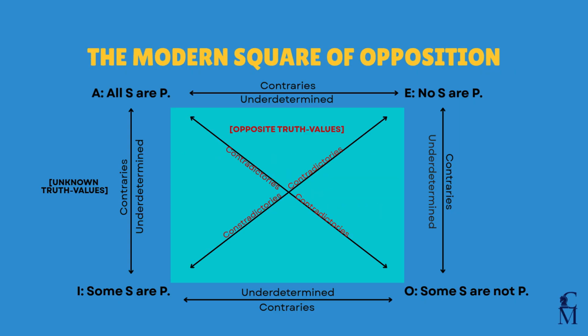So the modern square of opposition helps us more clearly understand which type of standard form categorical statement is contradictory to another type of standard form categorical statement, which allows us to make valid immediate inferences and check these kinds of immediate inferences, as well as allows us to identify which type of statements are contrary to a certain type of categorical statement, and so does not support the validity of immediate inferences with these contrary statements.